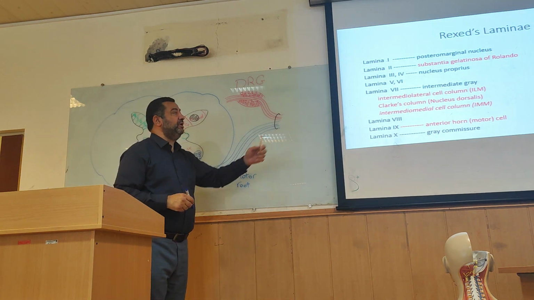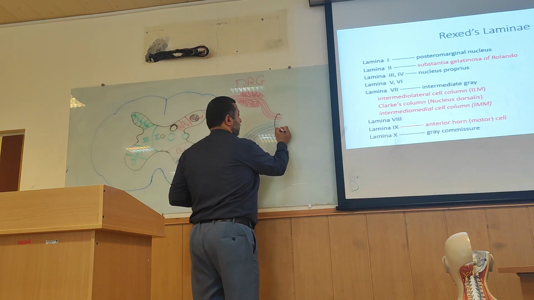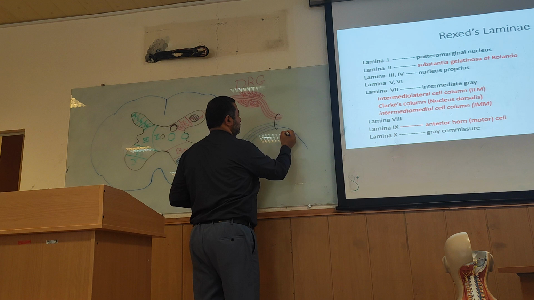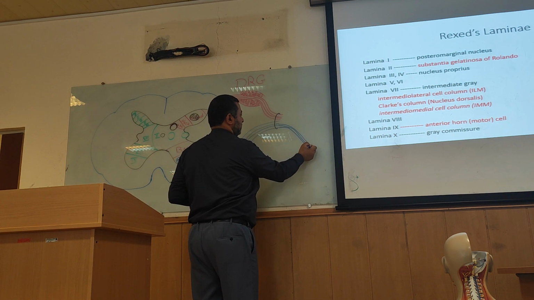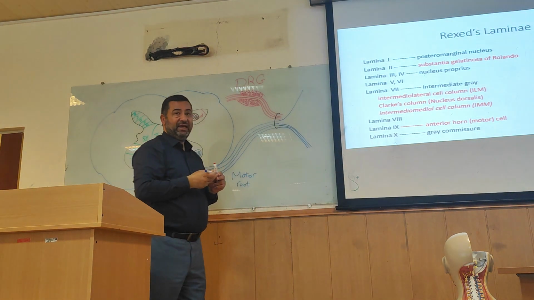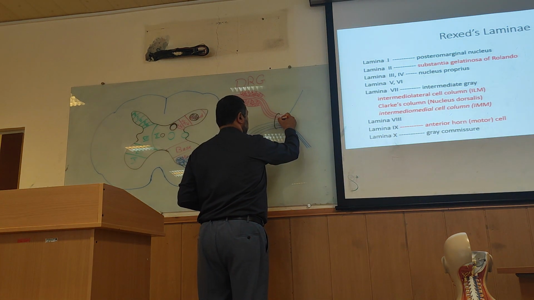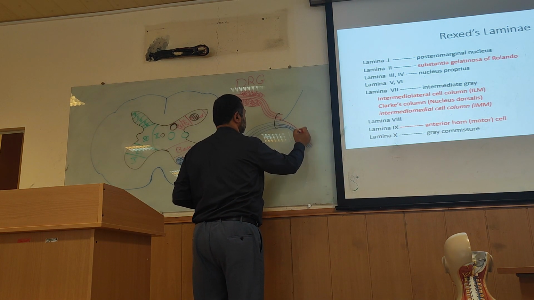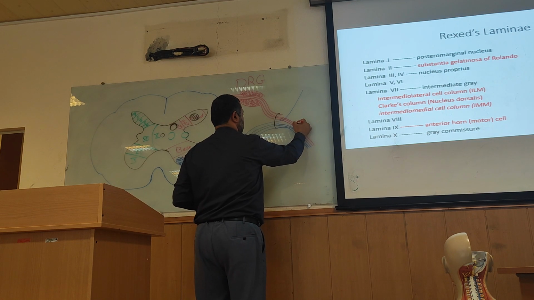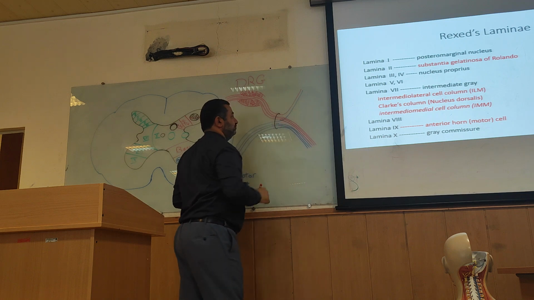After emerging from the intervertebral foramen, the spinal nerve divides into two branches: an anterior large branch and a posterior small branch.